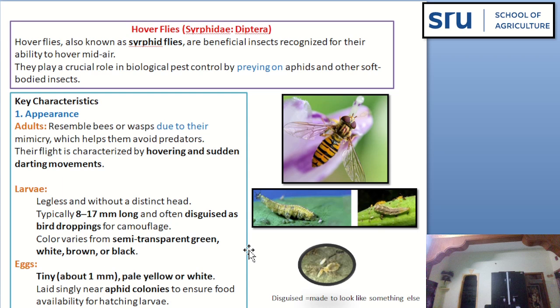Their color varies from semi-transparent green, white, brown or black. The eggs: their eggs are very small, pale yellow or white in color. These eggs are laid singly near aphid colonies to ensure food availability for hatching larvae.